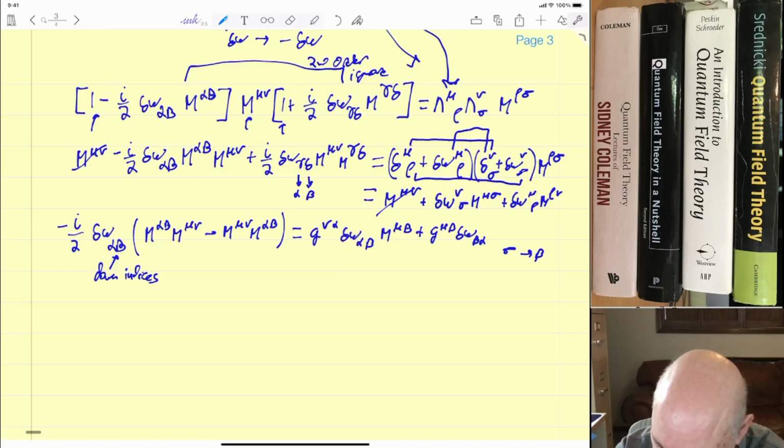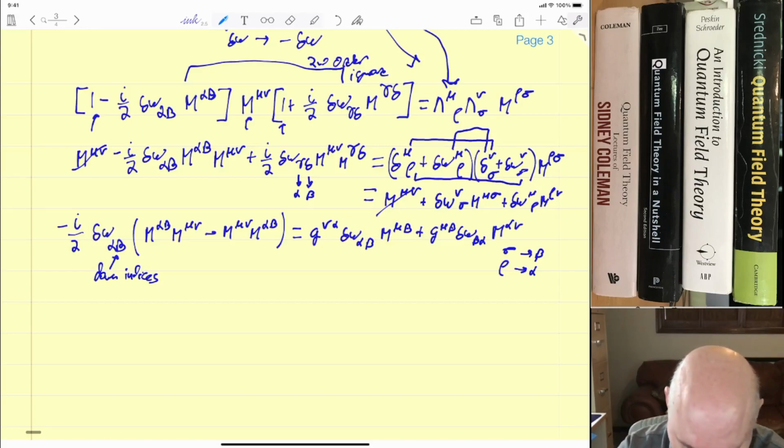So this is going to raise the beta index. I'm going to get del omega mu alpha. So I'm also doing rho goes to alpha. So this becomes M alpha nu.